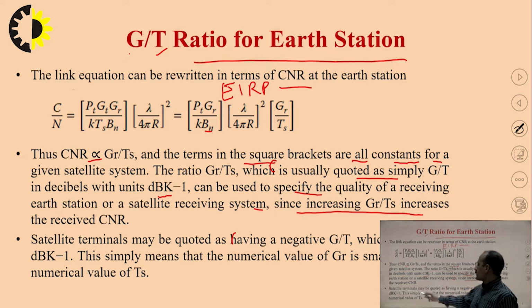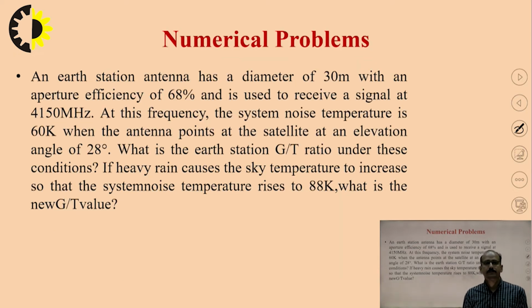A satellite terminal may be quoted as having a negative G by T, which is below 0 dB. This simply means that the numerical value of GR, the gain of the receiver, is smaller than the numerical value of TS. So this G by T ratio is the final equation for designing of the earth station, which directly relates the carrier to noise ratio with the gain and the system temperature.